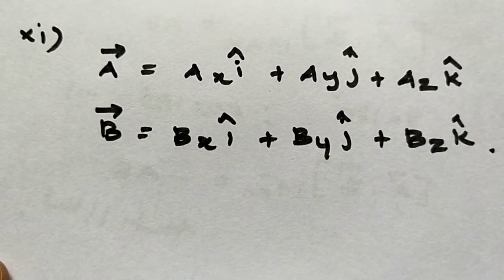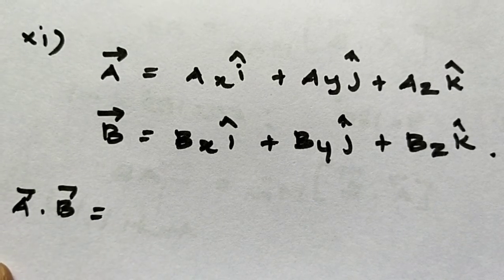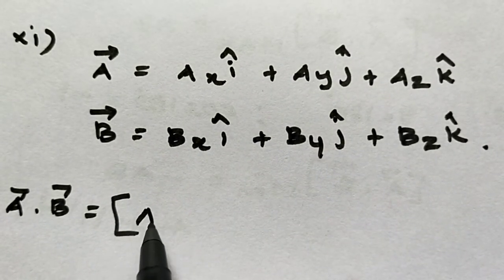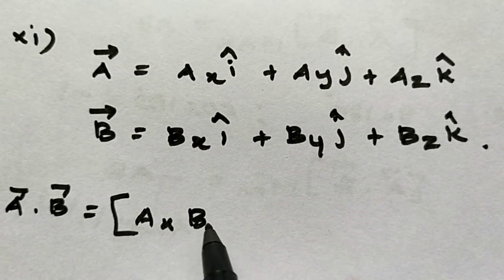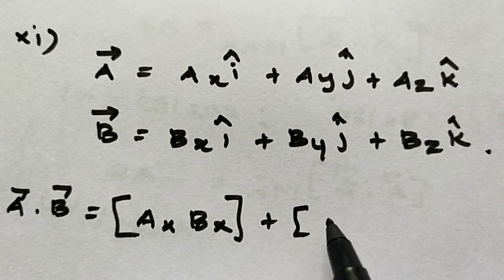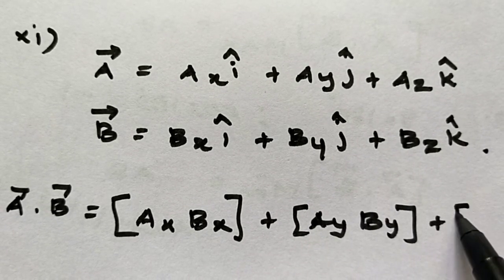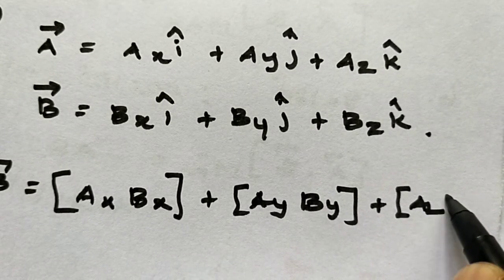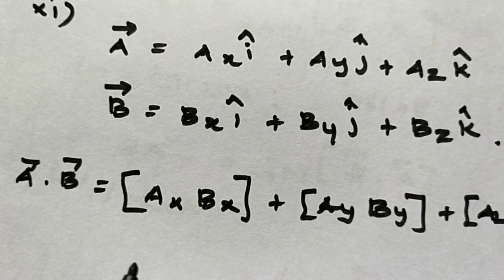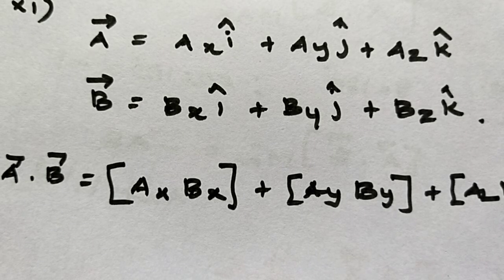Now using the scalar product, A vector dot B vector, write down the component form: Ax Bx plus Ay By plus Az Bz. The remaining terms, i dot i, j dot j, k dot k, we already know are 1.